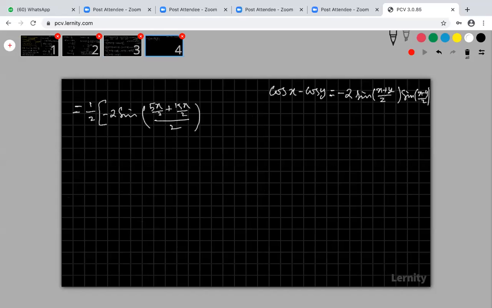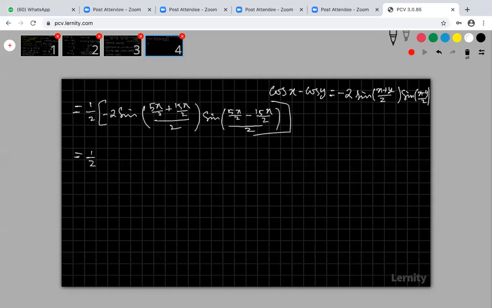Similarly, sine of (x minus y) by 2, that is 5x by 2 minus 15x by 2, whole divided by 2. This is the identity. This 1 by 2 and this 2 get cancelled, I will get only minus sine.